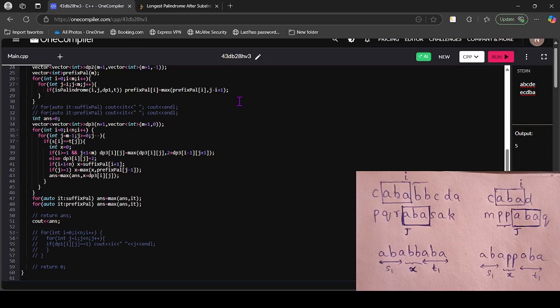Here the dp3 of ij indicates that the maximum answer possible when the first substring is ending at I in s and second substring is starting from j in the second string. For example, in the first example in the picture charts below, dp of ij, where I is 3 and j is also 3, dp of ij indicates that the maximum answer possible when the first substring ends at third index and the second substring starts at third index in the second string.